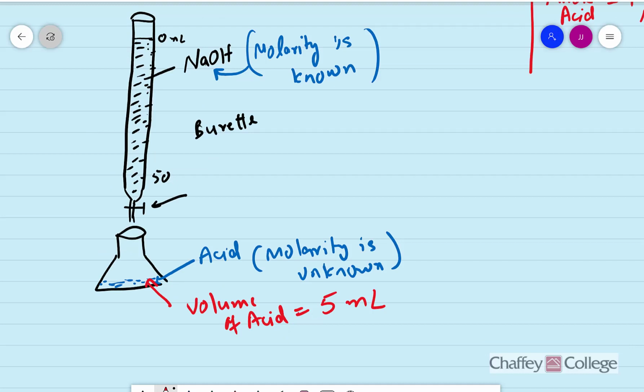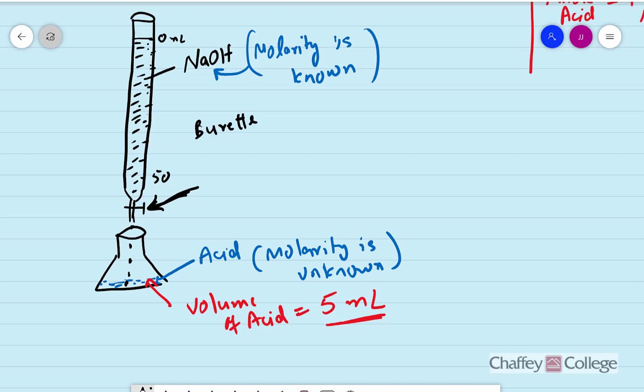So in the titration experiment, what we are going to do is neutralize this acid with the help of this base. The way we are going to conduct this experiment is we are going to open this valve, and then we are going to add base to it dropwise. As soon as the base is added to the acid, the base will start neutralizing it.